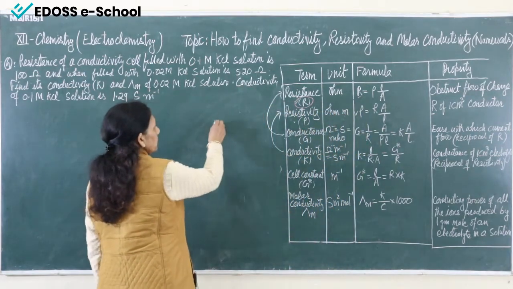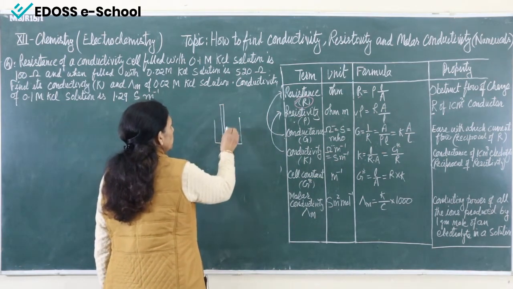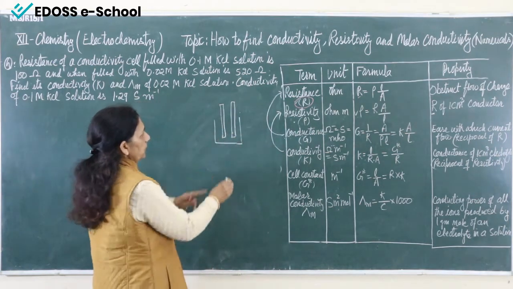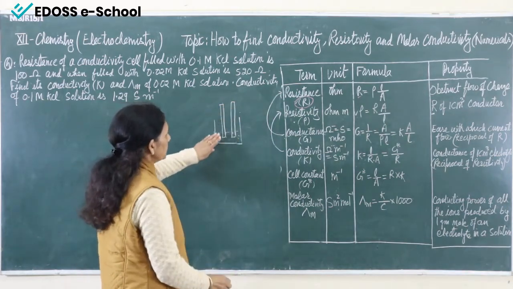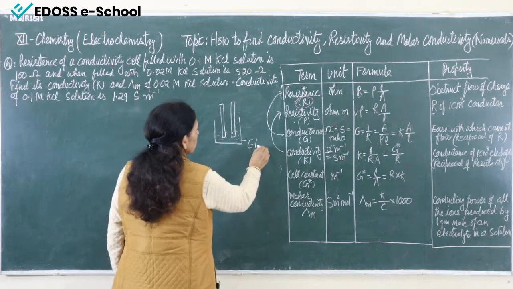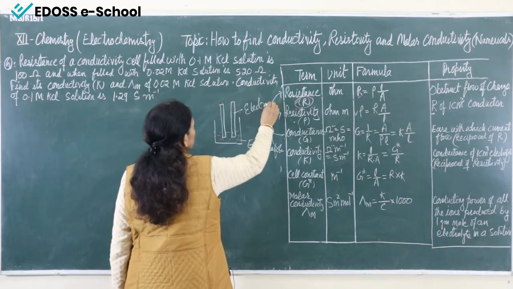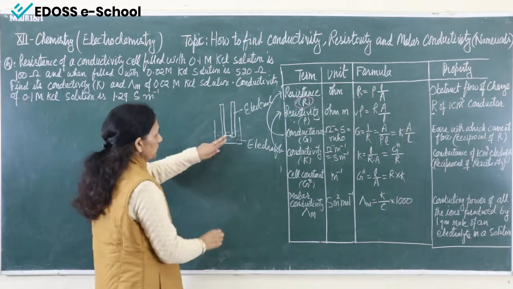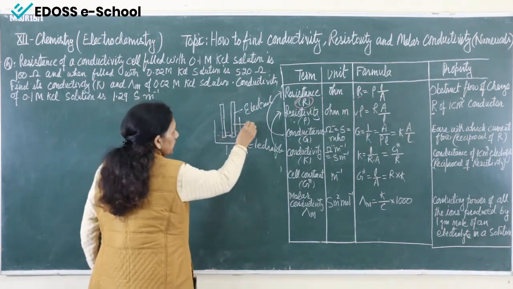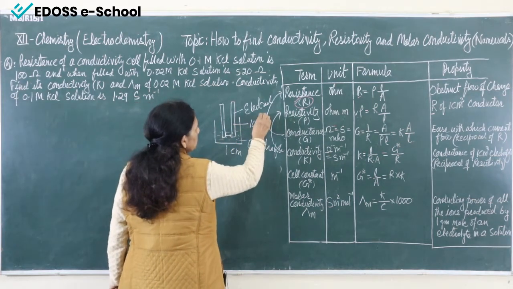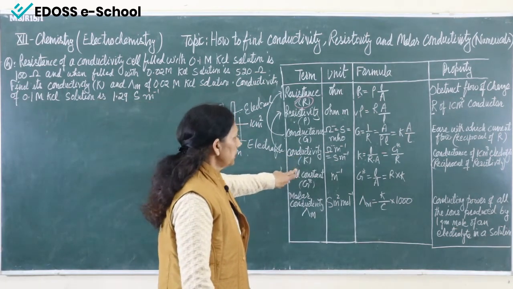If you are keeping the electrolyte in the solution, and these are the electrodes, and the distance between these two electrodes is 1 centimeter and the area of these electrodes is 1 centimeter square, then this will be known as its conductivity.